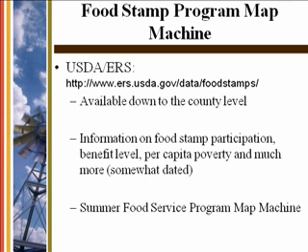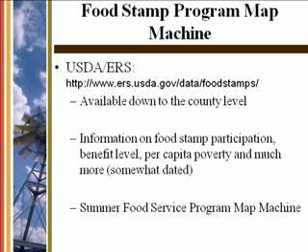In addition, the food stamp program map machine is a site that I find useful, and those of you who work with food and nutrition programs might also find it useful to get an idea about food stamp participation, poverty, those kinds of things at a county level in Ohio.